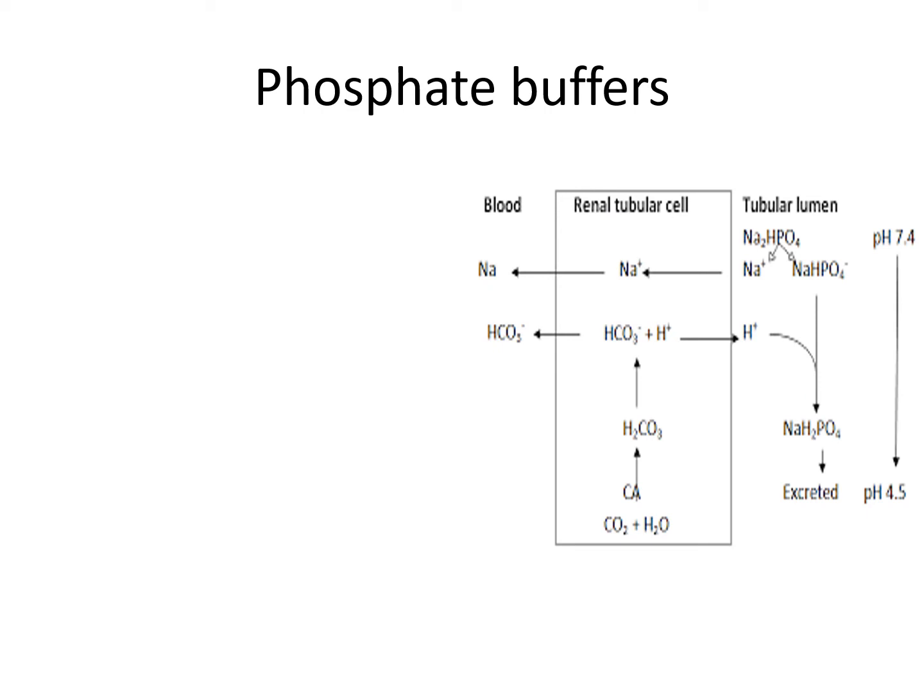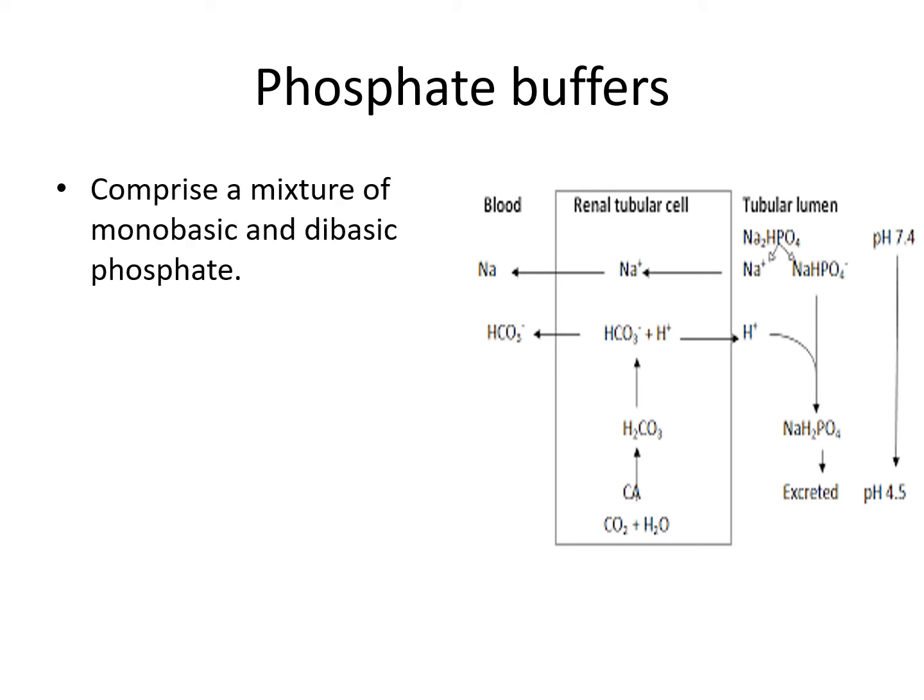So next is the phosphate buffers. The phosphate buffer comprises a mixture of monobasic and dibasic phosphates. It is predominant in the distal tubules and collecting duct because the phosphates are not easily reabsorbed in the proximal tubules.